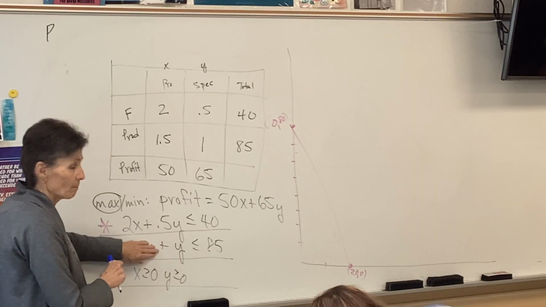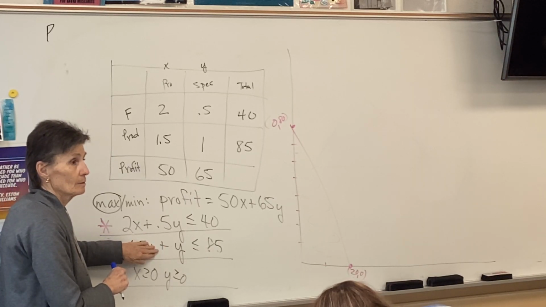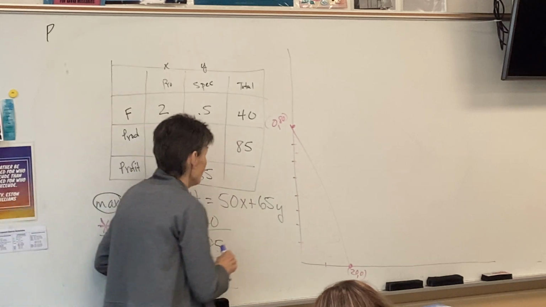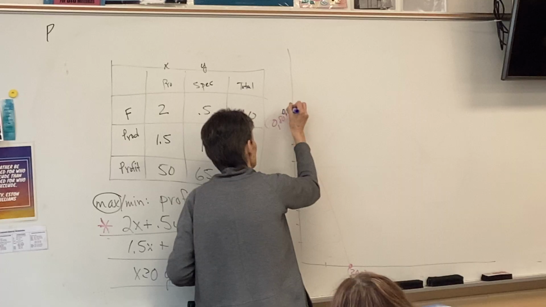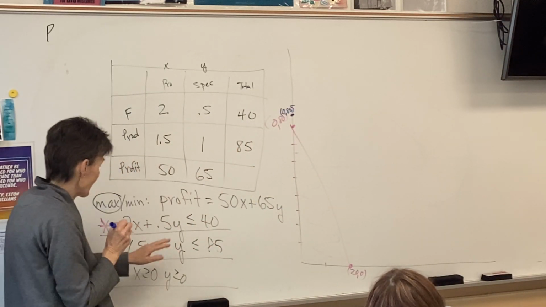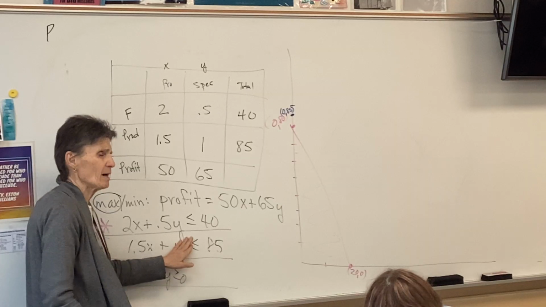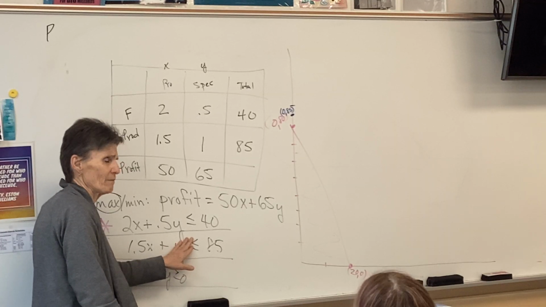All right, now I'm going to cover up x. y is 85, which there's 90, so 85 is going to be right here. And then I'm going to cover up y. I'm going to need a calculator for this. What's 85 divided by 1.5?